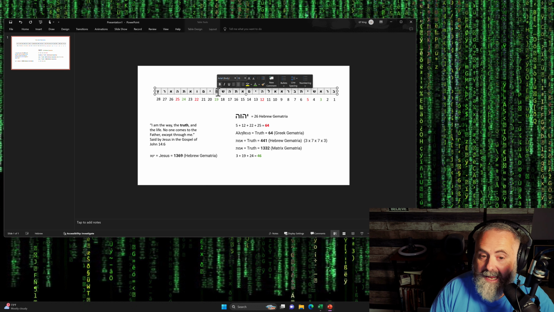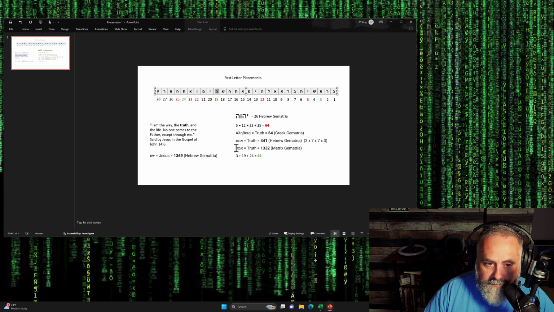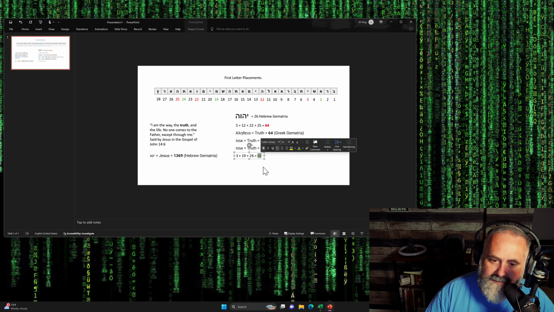It's the first and only open Mem that appears in the entire verse. And then the last letter is Tav, and it falls in position 24, right here. So now we have 3 plus 19 plus 24, which is 46.